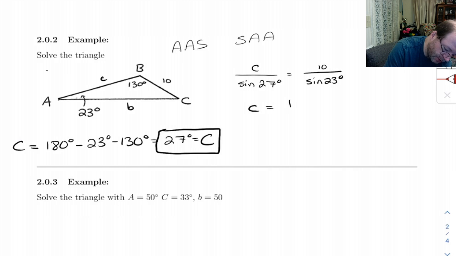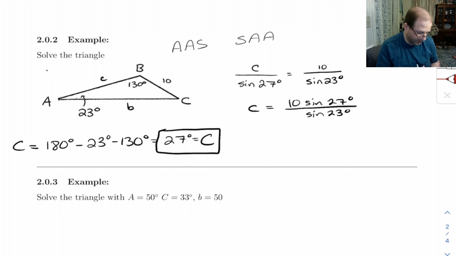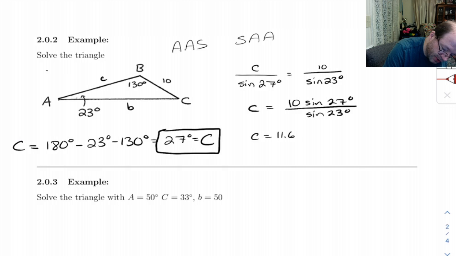So little c is 10 sine 27 over sine 23, which is 11.6. That's little c. Little c equals 11.6.